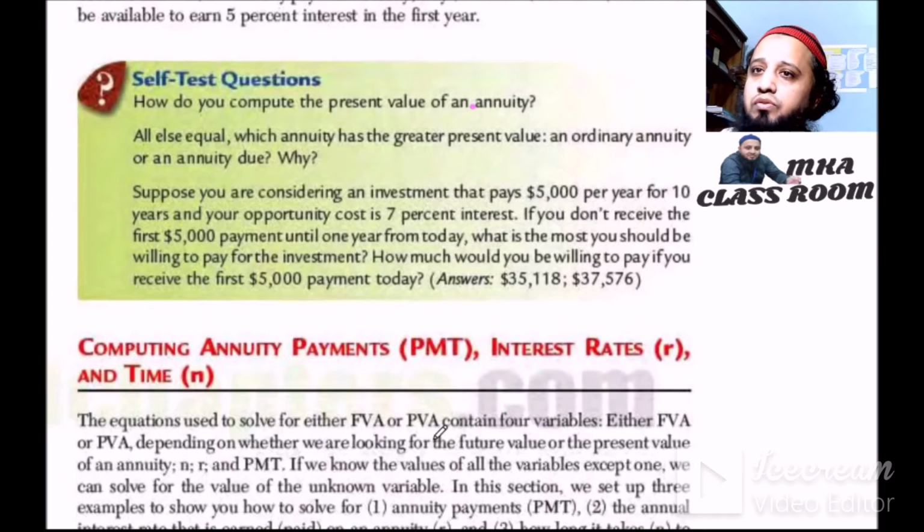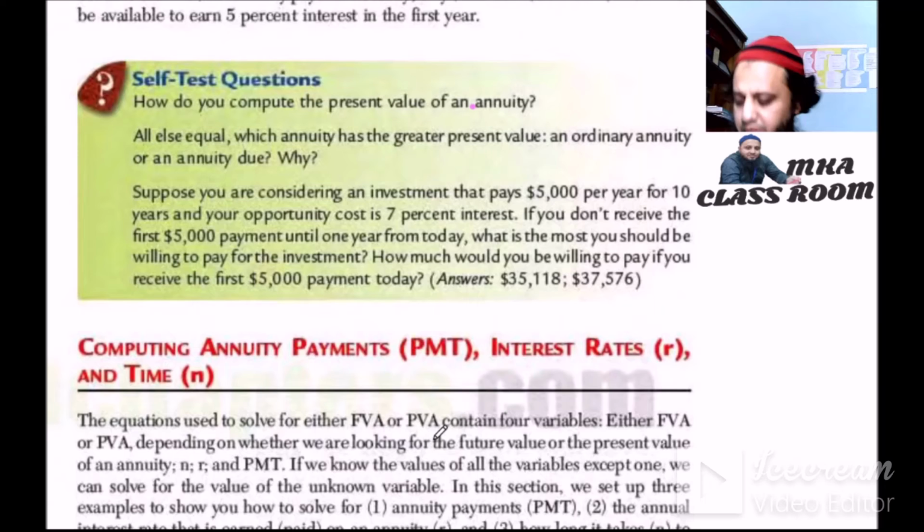If you don't receive the first 5,000 payment until 1 year from today, what is the most you should be willing to pay for the investment, and how much would you be willing to pay if you receive the first 5,000 payment today?